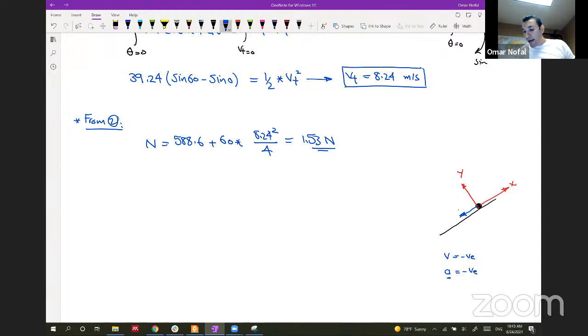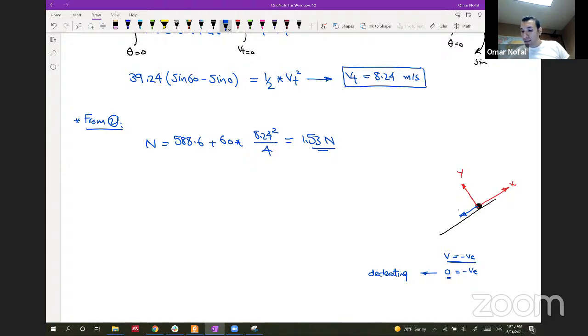So the negative acceleration does not mean that this body is decelerating. However, we learned from before that if a body has a negative acceleration, it means that the body is decelerating. But actually, you will have to look at the direction of the velocity.